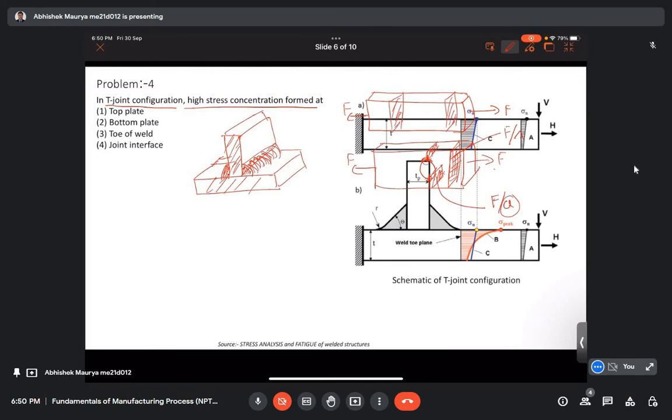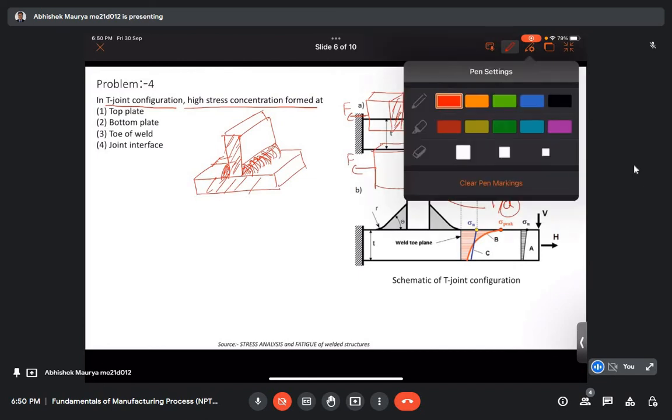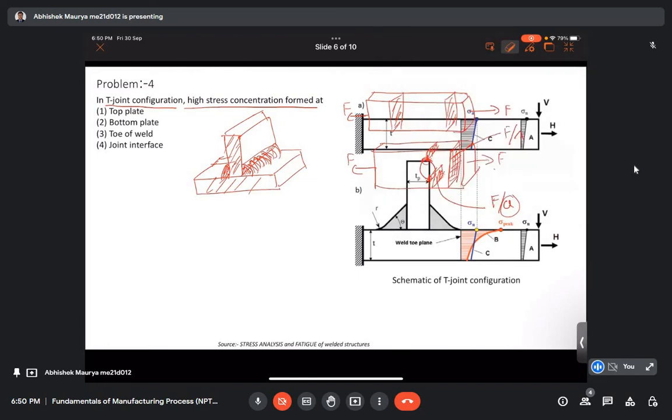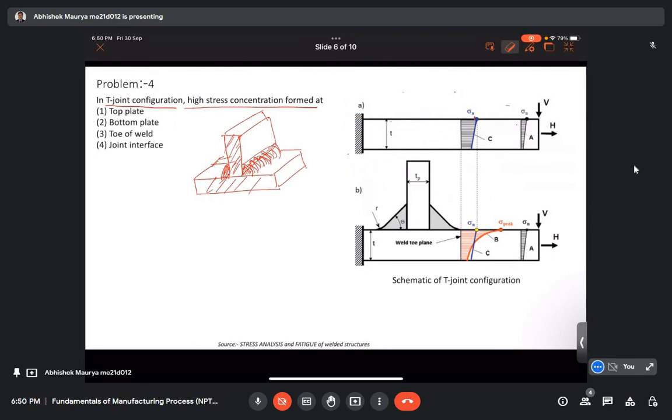So now let us look here. Okay, what I will do, I will remove these things. Okay, so here we have a T joint.